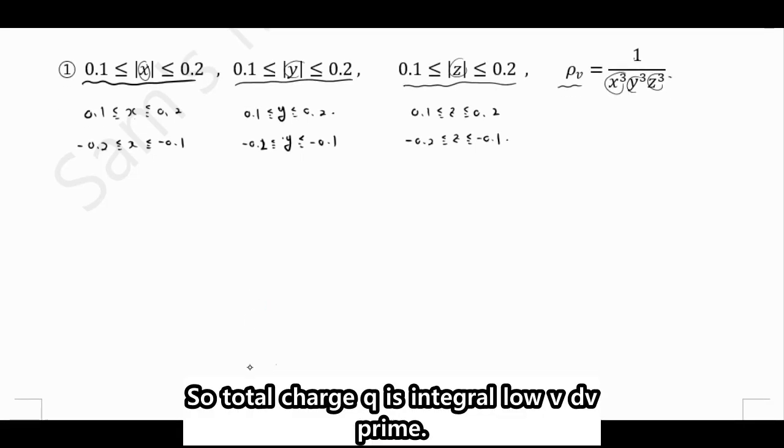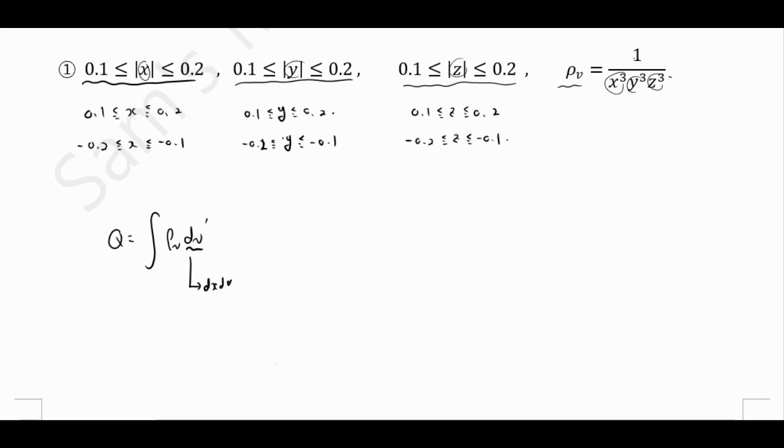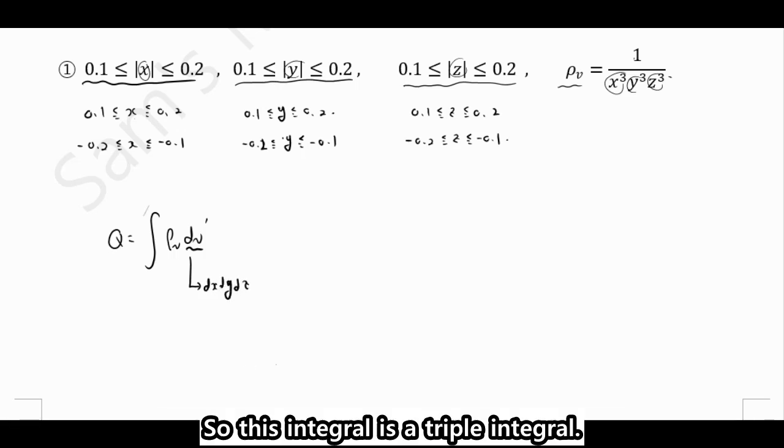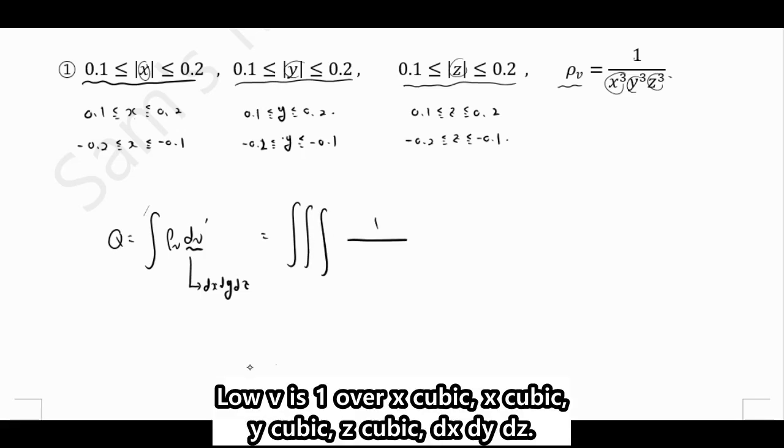So the total charge Q is the integral of rho V dv prime. dv in rectangular coordinates is dx dy dz, so this is a triple integral. Rho V is 1 over x cubed, y cubed, z cubed, dx dy dz.